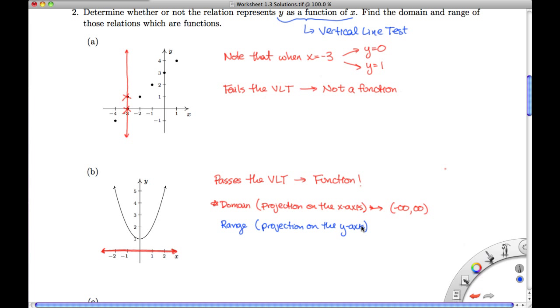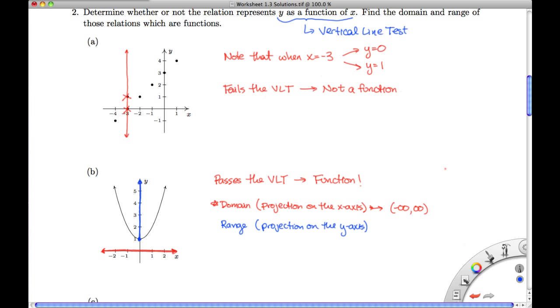Now if we dropped all of these points and just brought them straight over to the y-axis, compressing the curve horizontally onto the y-axis, what we would see is a projection that starts here at y equals +1 and extends all the way up the y-axis.